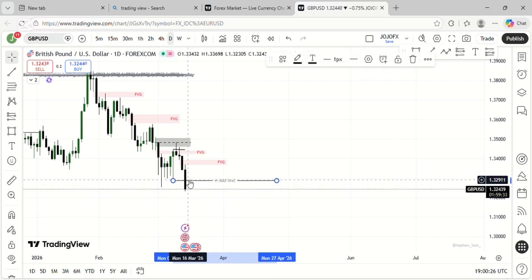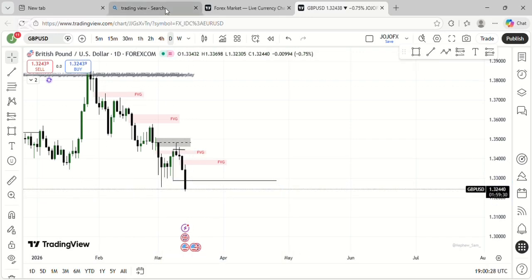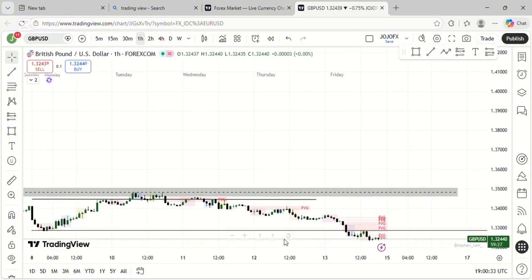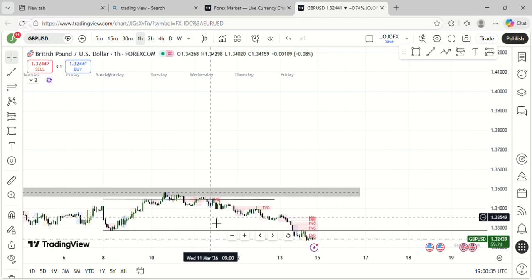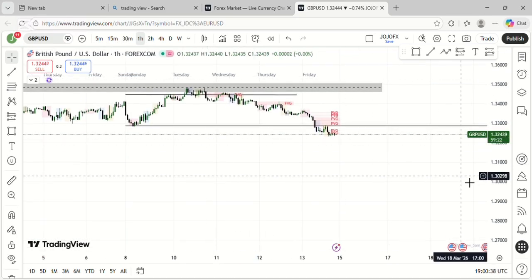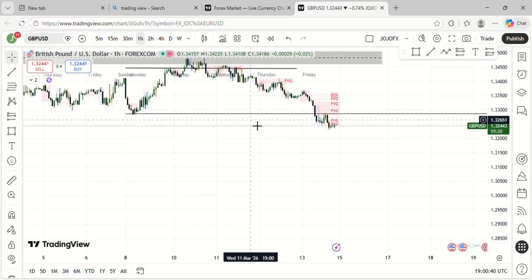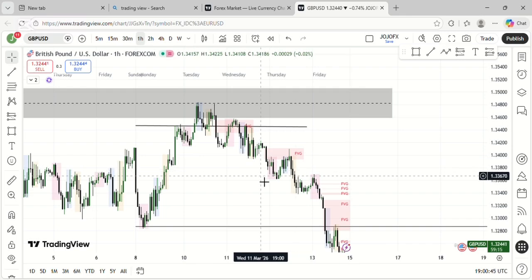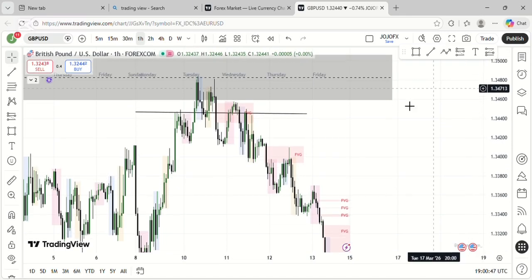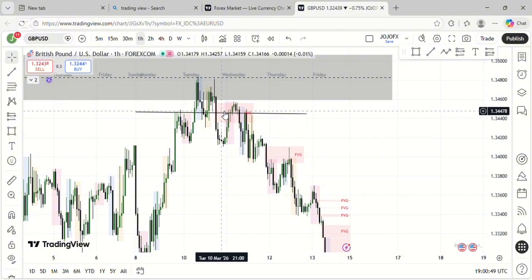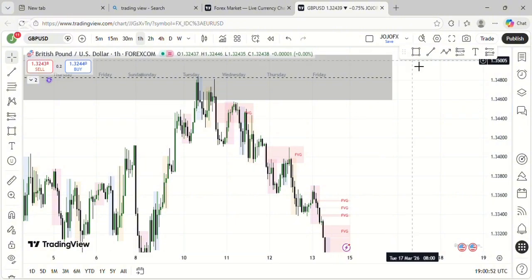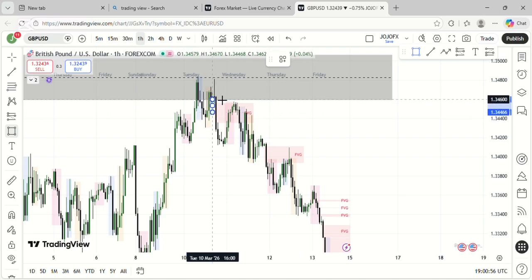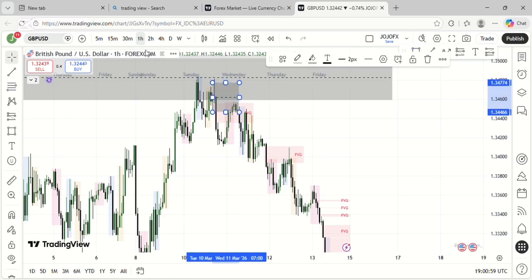This was now my target, this low. So I went down to the 1 hour time frame to look for the point of interest I was going to use on this trade. So on the 1 hour time frame, I also saw this nice order block here, and I waited for price to get in.